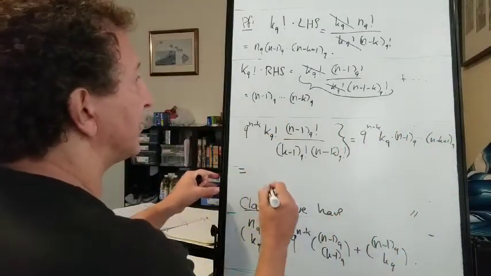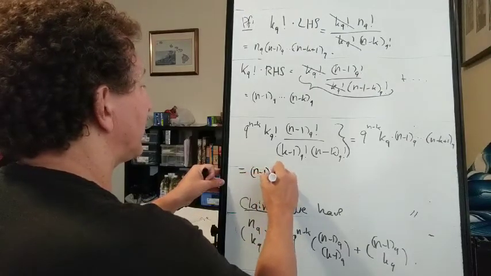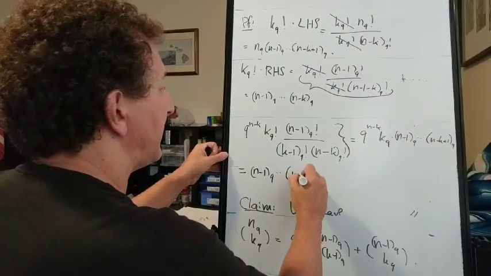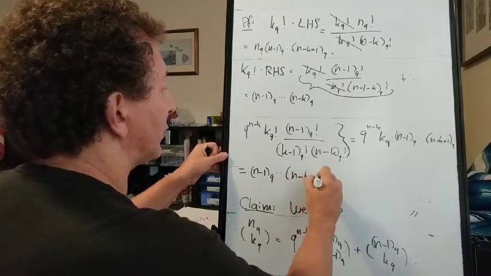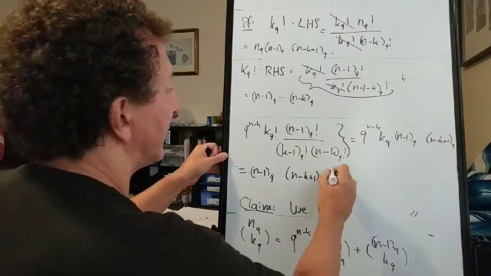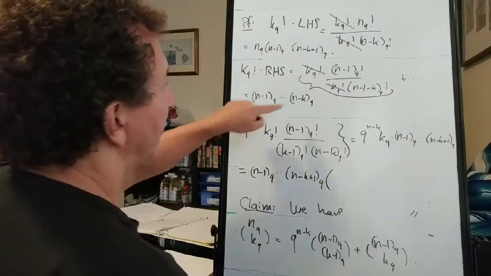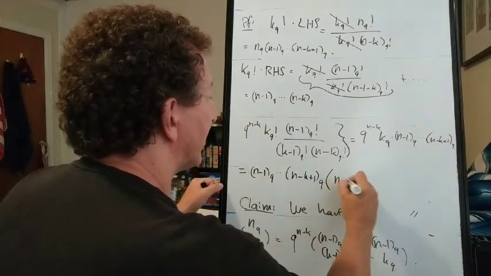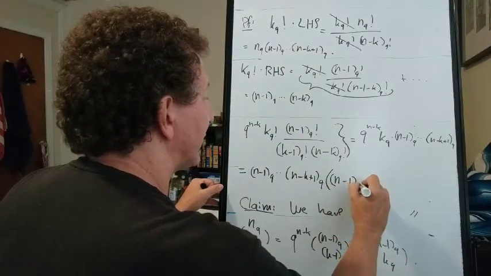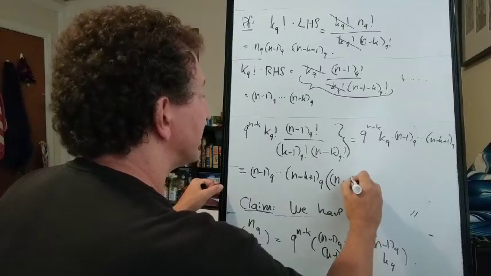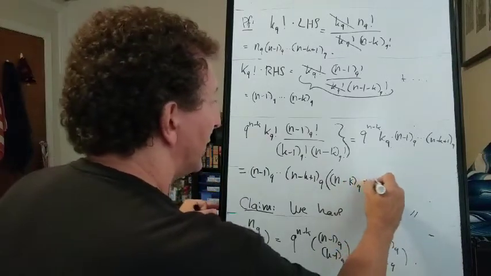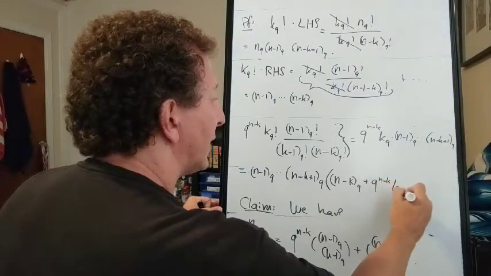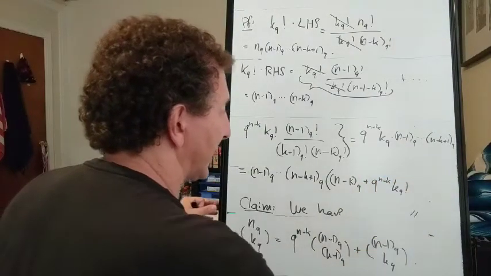So this gives us, factor out quantum n minus 1 all the way down to quantum n minus k plus 1. And then we'll have quantum n minus k from here that doesn't cancel, plus q to the n minus k times quantum k. Oops, just quantum k.